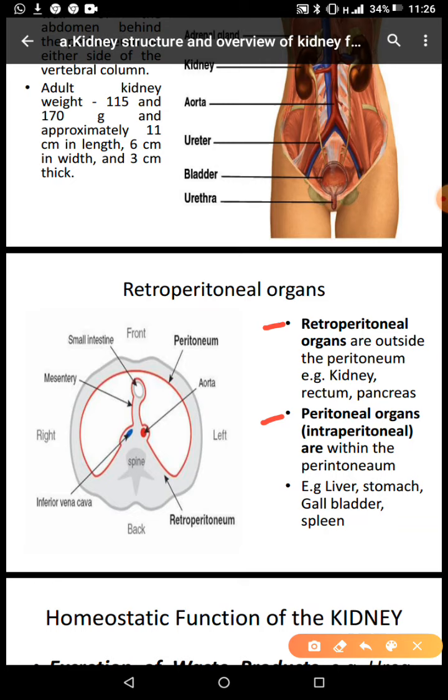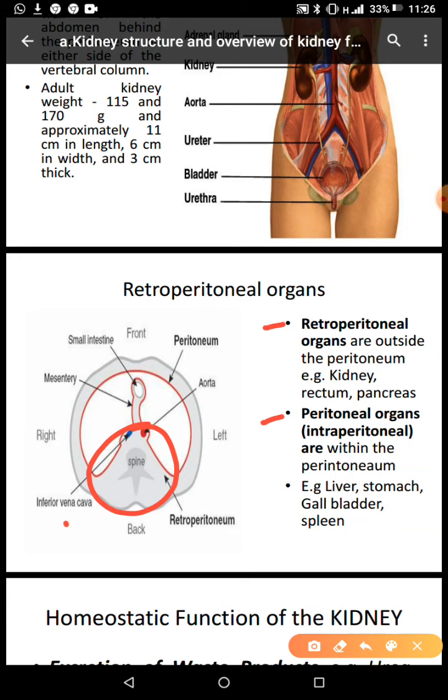So the kidneys are located outside the peritoneal membrane.